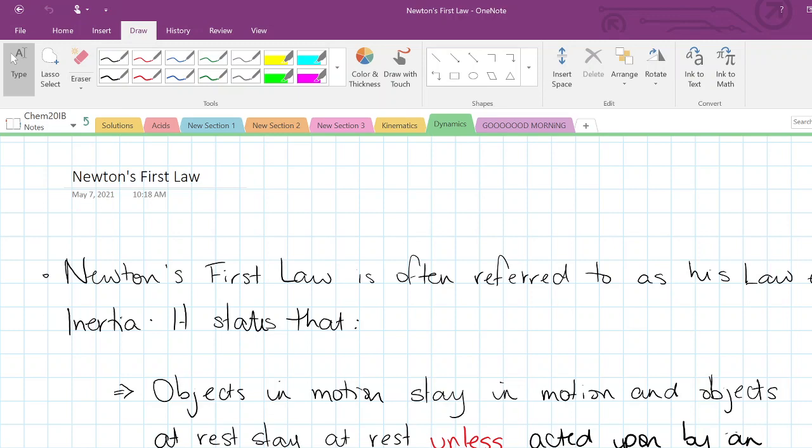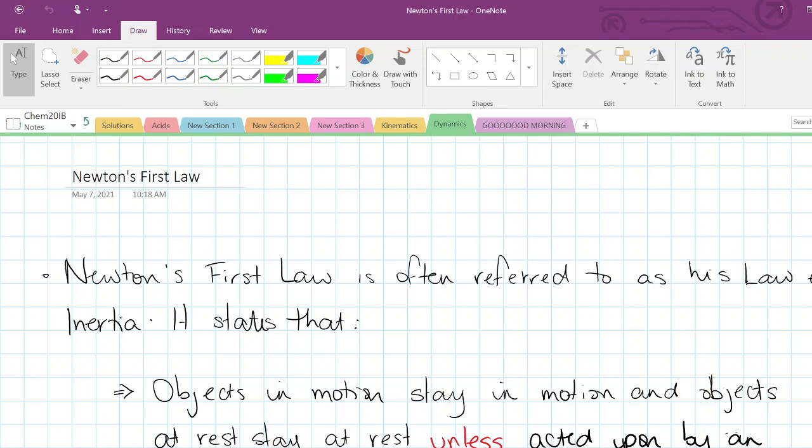And the thing to really emphasize here is that when we talk about Newton's first law, this can refer to objects that are stationary, but it can also refer to objects that are moving at a uniform rate, or at cruise control, is how I typically refer to these objects.